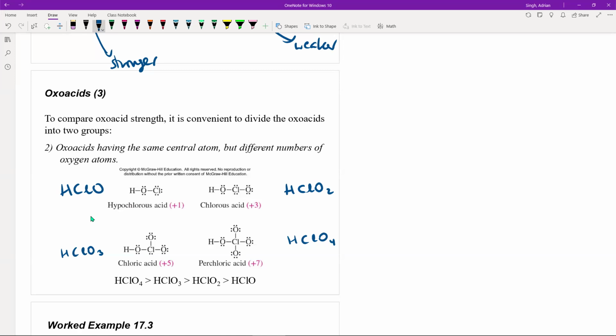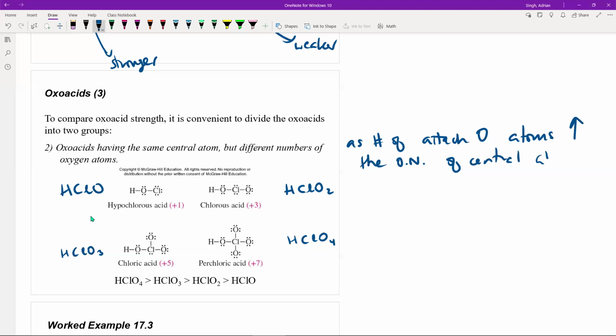So what we're going to see here, the general trend is as the number of attached oxygen atoms increases, the oxidation number (ON) of the central atom also increases. And as a result, if that oxidation number increases, it's more positive as it goes from top left to lower right.